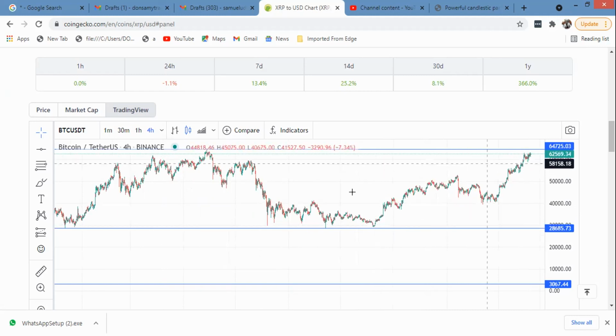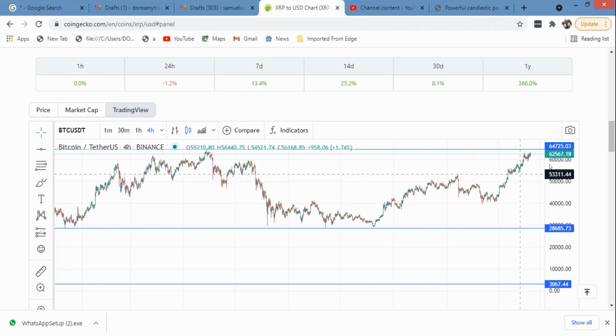So this is 4 hours. This is what the price is doing in 4 hours. So 4 hours gives me the ability to know what the price is doing in between days and per day. So 24 hours is 4 hours into 6. So 6 of these candles is equivalent to 1 candle of the daily candles.